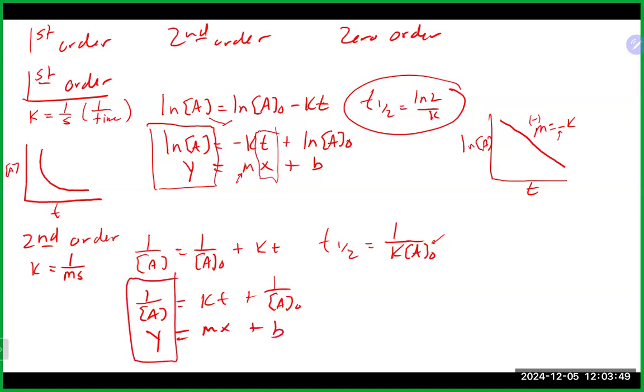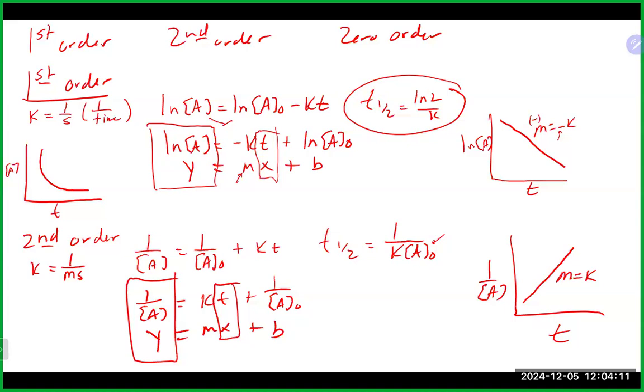That means that the typical graph that we associate with second order has 1 over A on the y and time on the x. This again will give us a straight line, but different, it is going to give us a positive sloping straight line. And the slope here will equal k in this case because it is a positive sloping line.